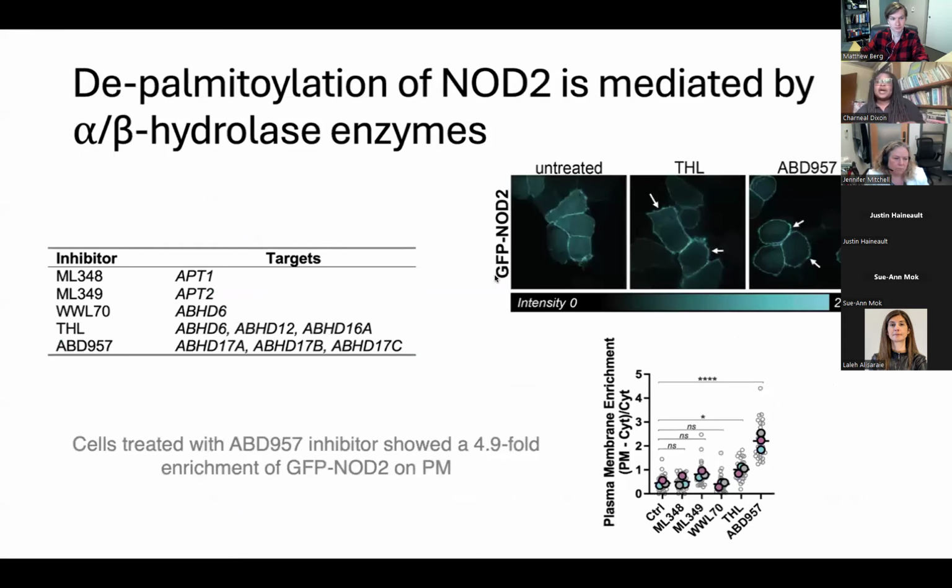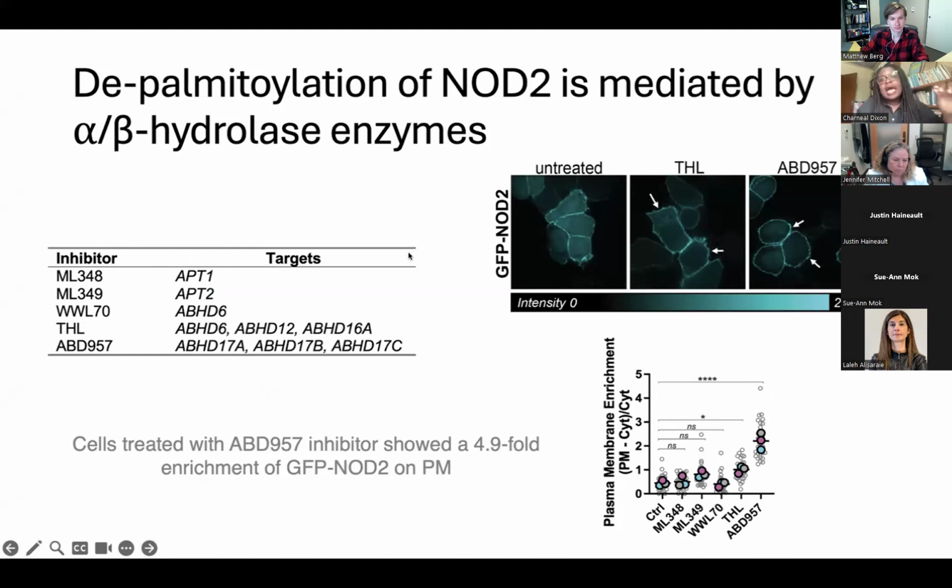So encouraged by our work with the broad-spectrum palmostatin B inhibitor, we then curated a selection of small molecule inhibitors that, at the time, were known to target all the known depalmitoylation enzymes. There have been new discoveries of depalmitoylation enzymes that are not shown here. So in the table on the left, what I've shown were the chemical inhibitors that we were using and their targets.